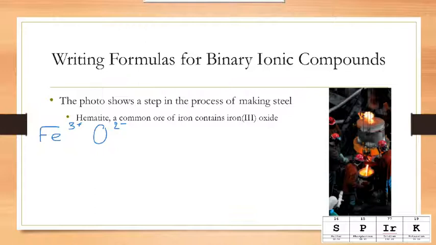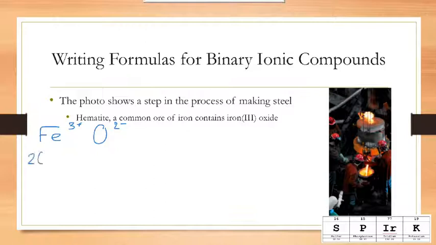So what we need to do is find the least common multiple. And the least common multiple of 2 and 3 is 6. So we need 2 Fe3+ ions for every 3 O2- ions to reach an overall net charge of 0.